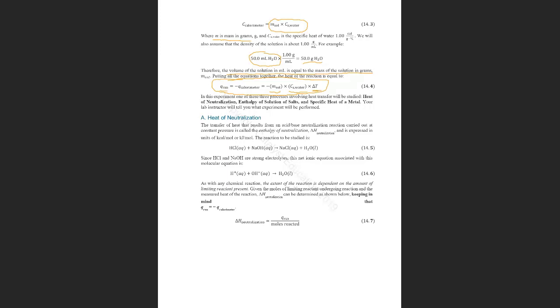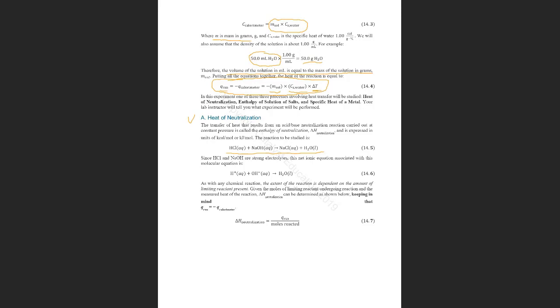And then they're talking about all of the three processes that we are doing. The first one, heat of neutralization. So we will study the transfer of heat for the following acid-base neutralization reaction. It is this one.